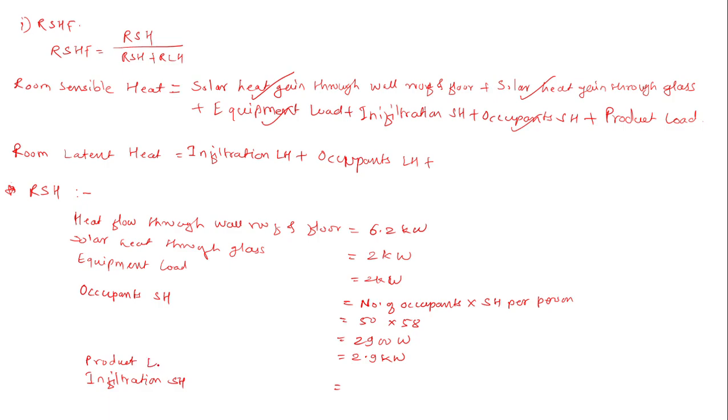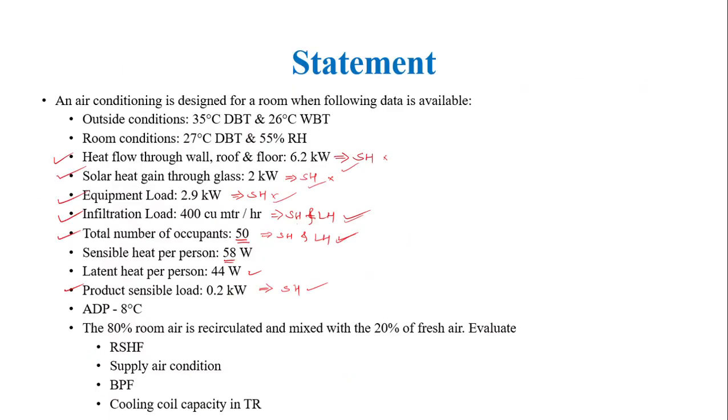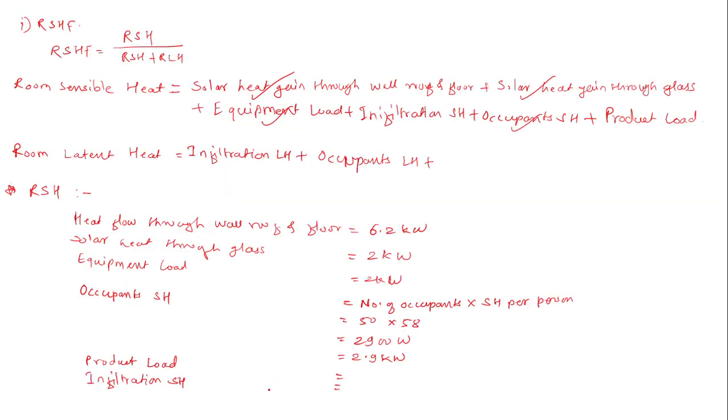So product load is also considered. Now we are going to find out the infiltration sensible heat, that is the only one remaining. I will go for it. Fine. So here I will write infiltration load.